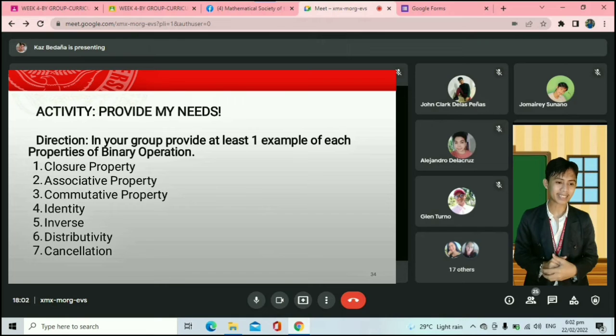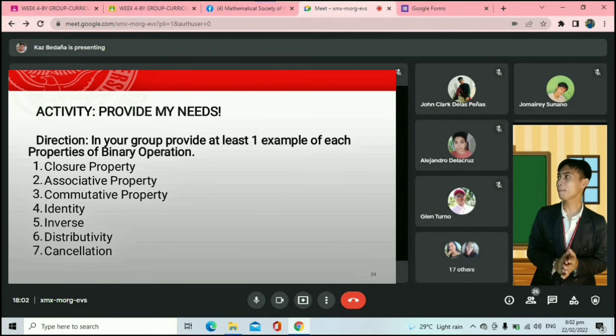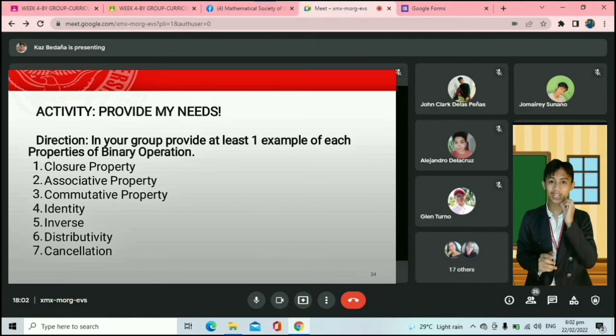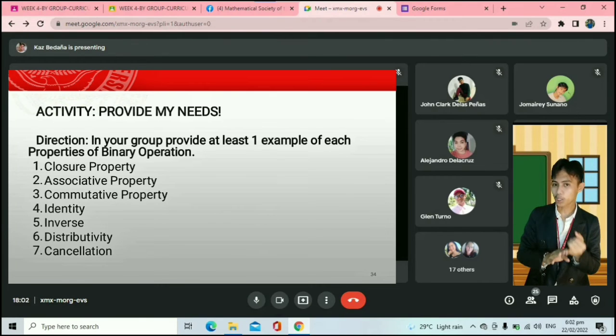Yes, Miss Patian. Very good. The 7 properties of binary operation are closure property, associative property, commutative property, identity, inverse, distributivity, and the last one is cancellation.